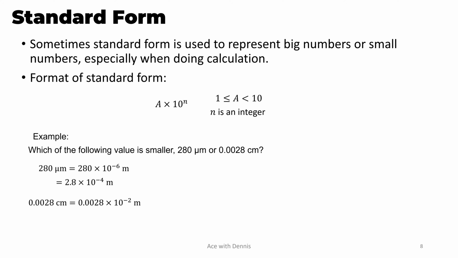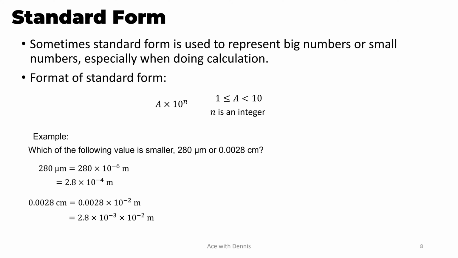The next one, 0.0028 centimeter is equivalent to times 10 power negative 2 meters, since centi is 10 power negative 2. Again, this is not a standard form. We need to move the decimal place 3 places to the right.